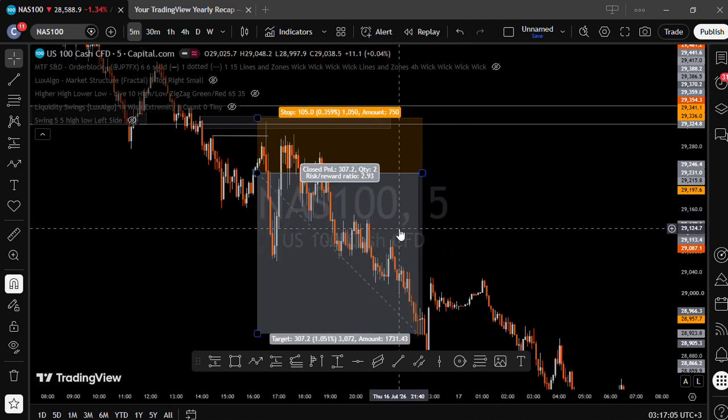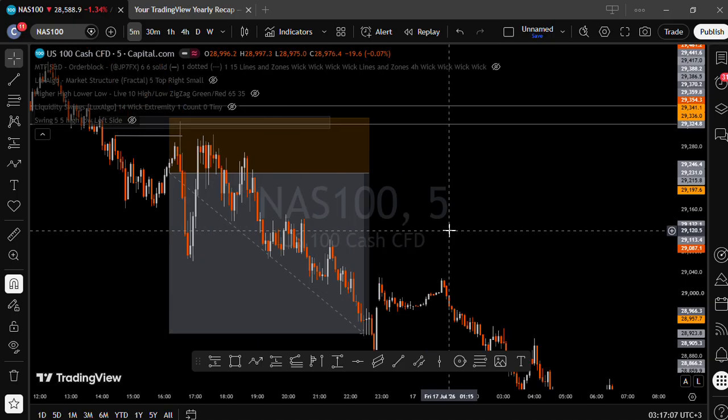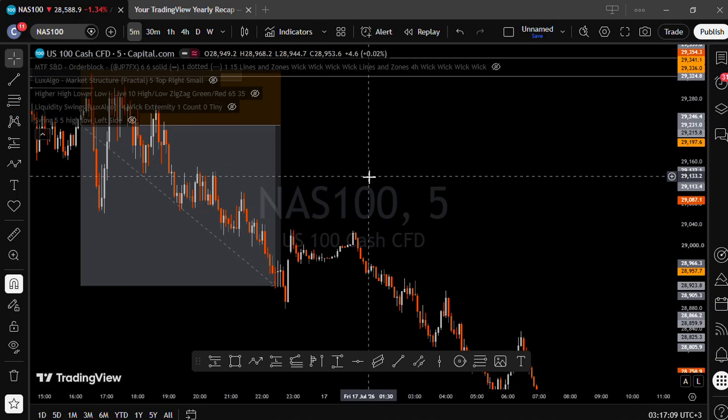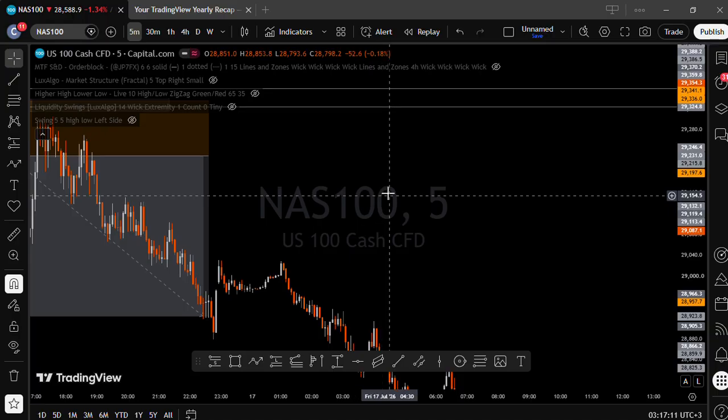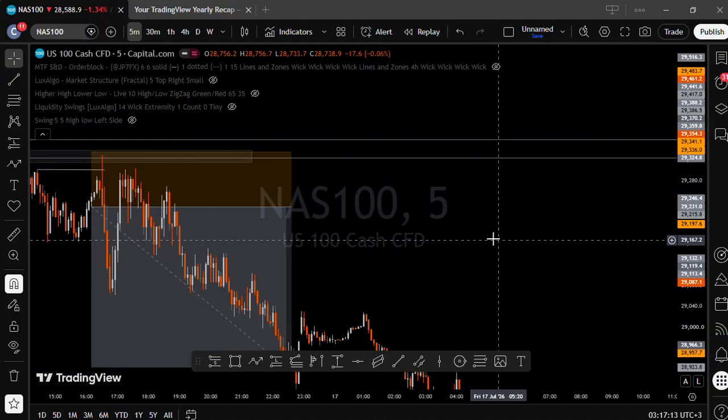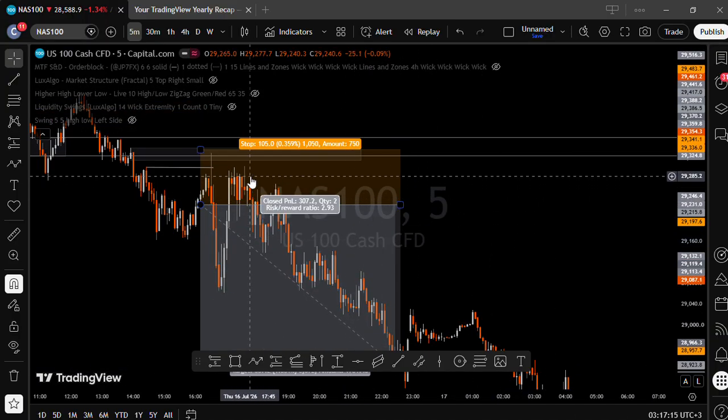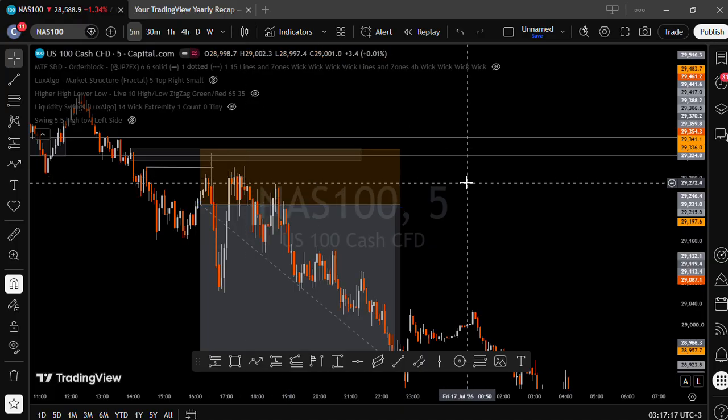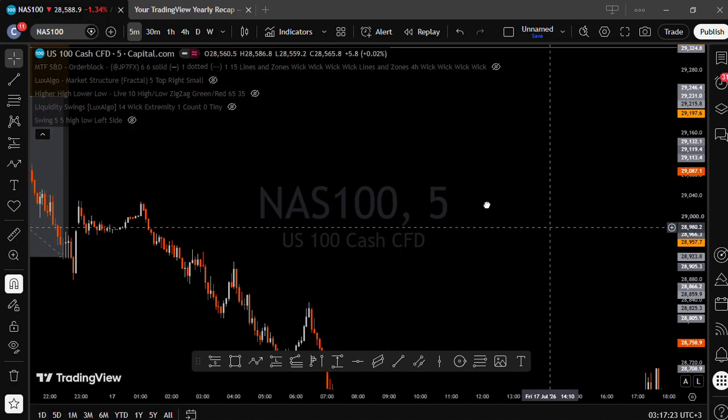So this would have been a hit for me, but it's a missed trade, and I don't count it. It's just an opportunity that I saw, and some of these opportunities are the things that build confidence in my strategy. So that was a missed trade.